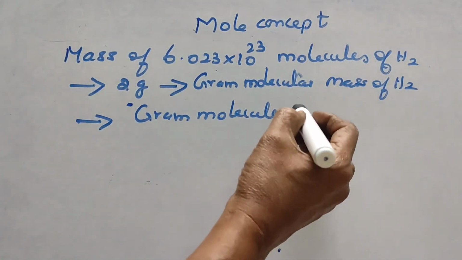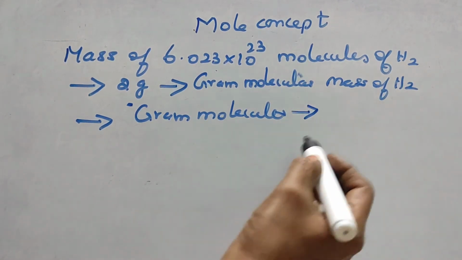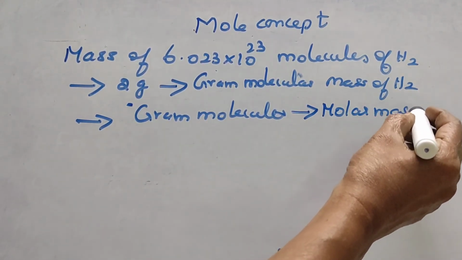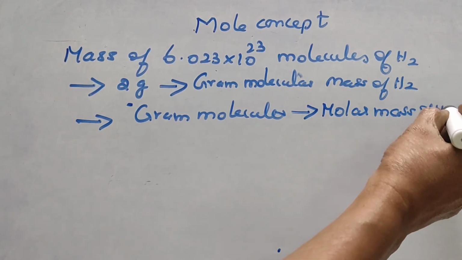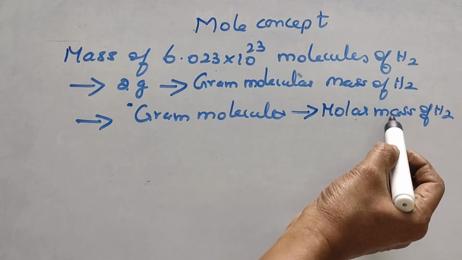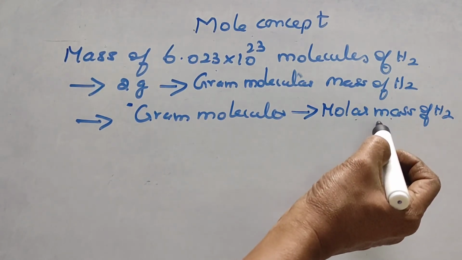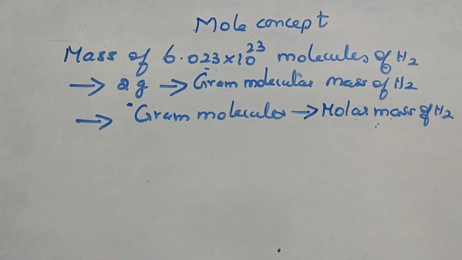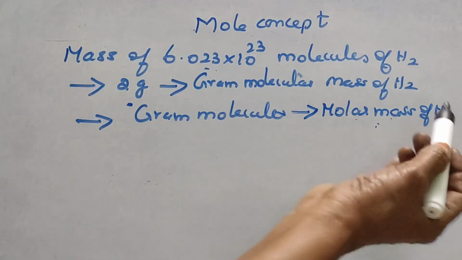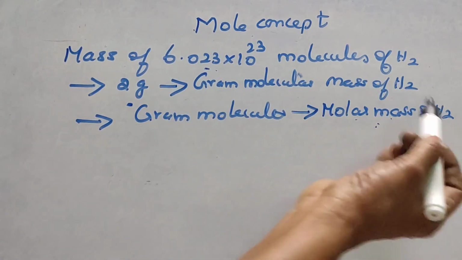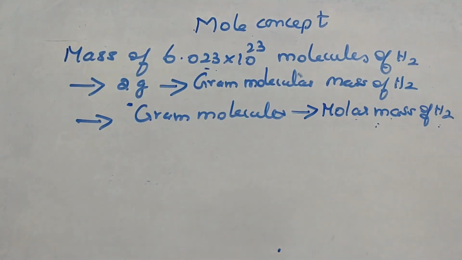One more name you can give is molar mass of hydrogen. Molar mass means the mass of the substance which contains 1 mole of the particle. If it is molecules, 1 mole of molecules. If it is atoms, 1 mole of atoms.